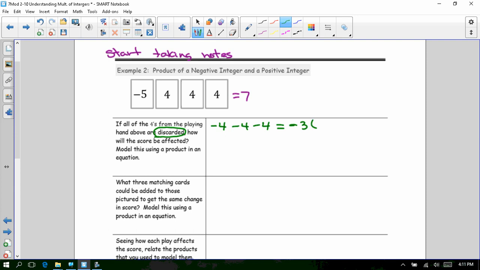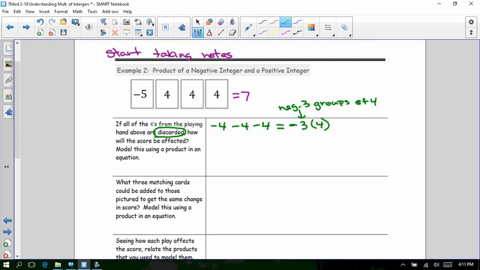Negative 3 of what? 4 cards. In other words, I want you to understand that this says negative 3 groups of the 4s. Doesn't really make much sense when you say it that way.